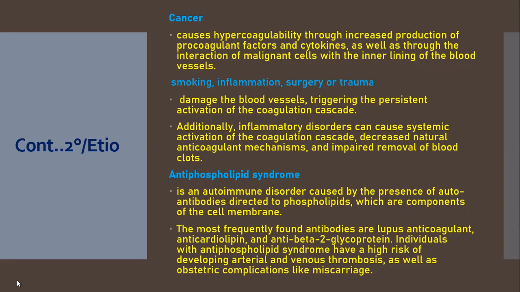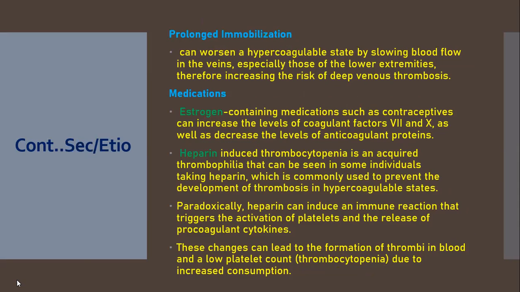And individuals with antiphospholipid syndrome usually have a high risk of developing arterial and venous thrombosis, as well as obstetric complications such as miscarriage. And prolonged immobilization can worsen the hypercoagulable state by slowing blood flow in the veins, especially in the lower extremities, therefore putting the patient at risk of having a deep vein thrombosis.